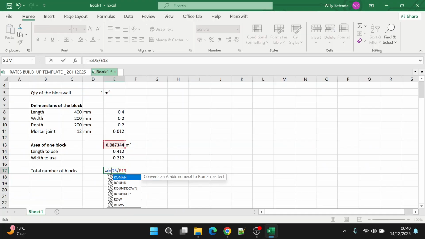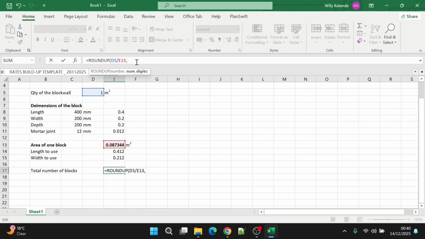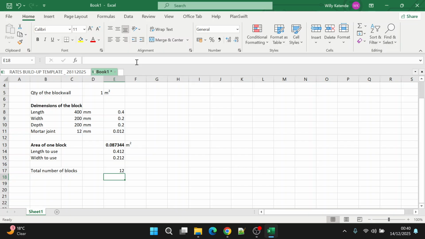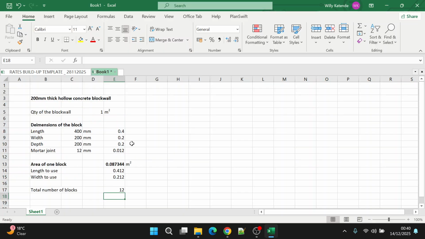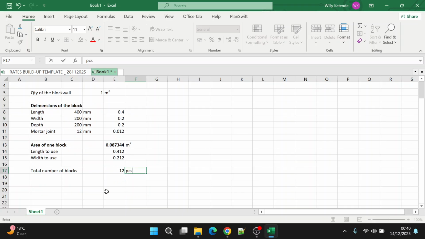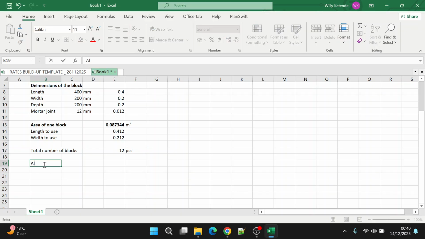So what you can do is to round this up to make it approximately 12 pieces. So we need to also allow for wastage and damages.